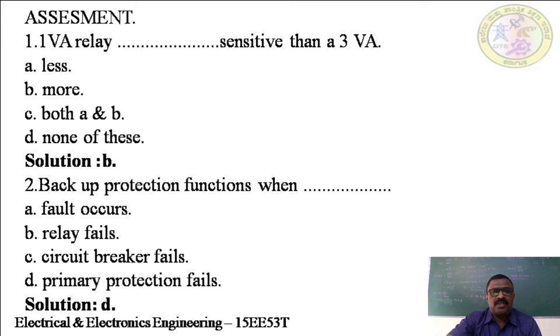This backup protection is called the second line of defense. The second line of defense will come into the picture only when the primary protection, or the first line of defense, fails. Therefore, the solution for this is D. The backup protection functions when the primary protection fails.